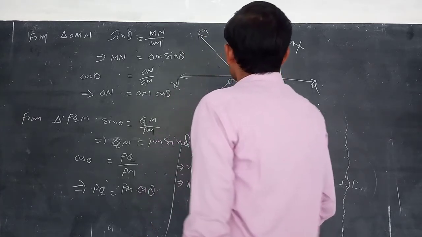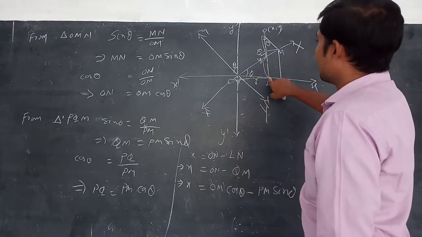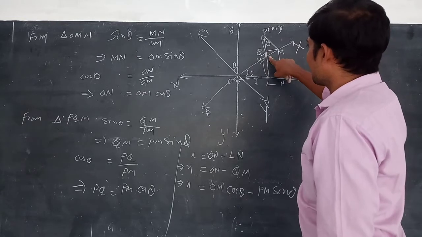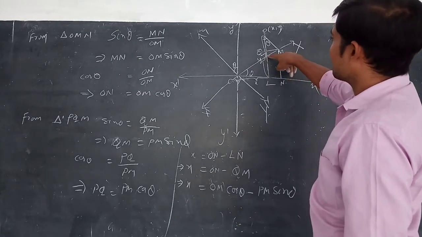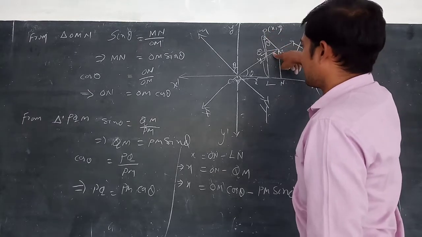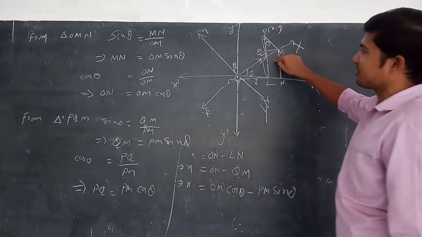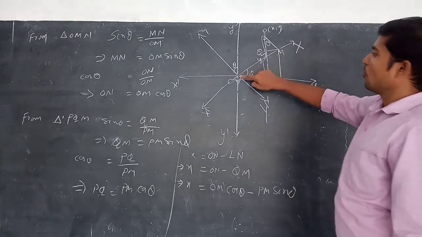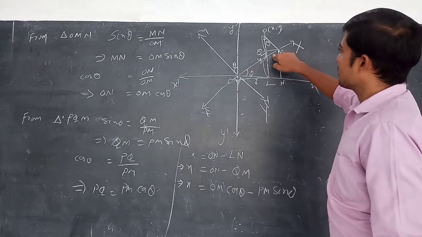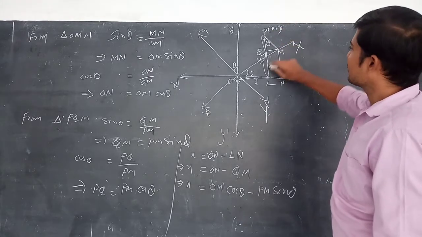See children, here OL is equal to x and already we denoted, PL is equal to y. At the same time, OM equals capital X, and PM is equal to capital Y. Right?